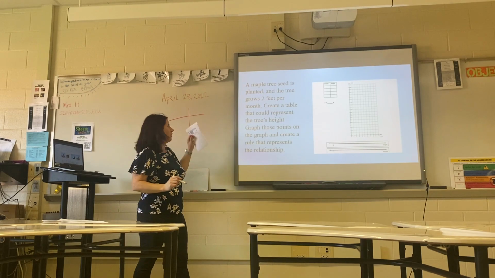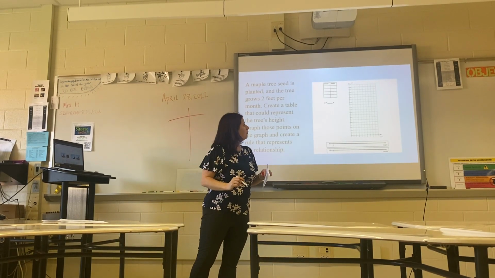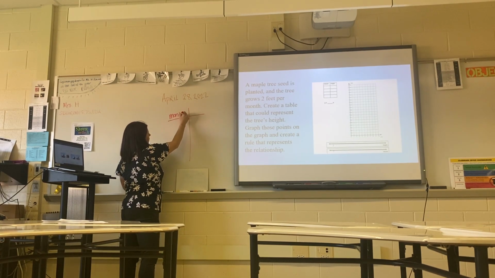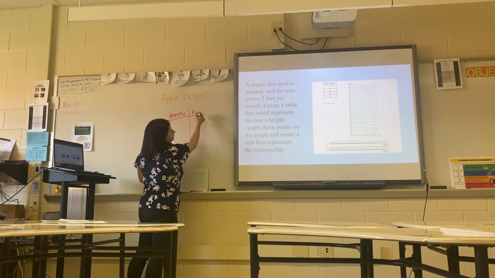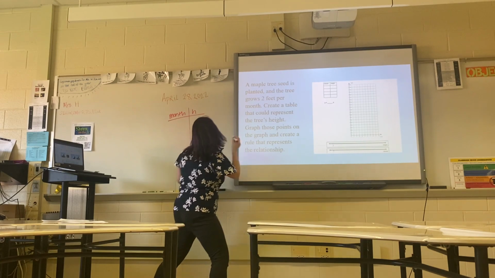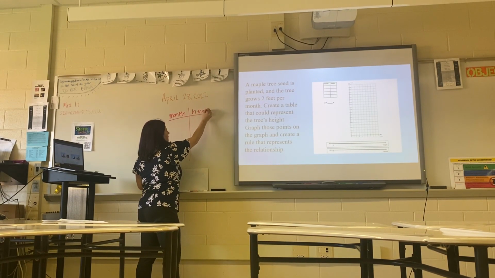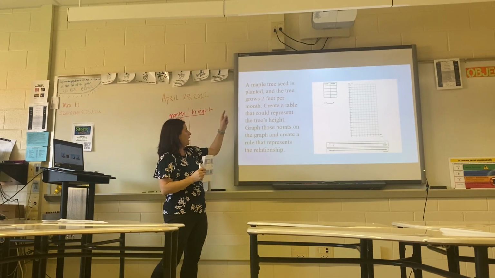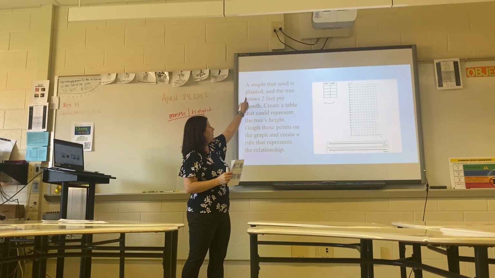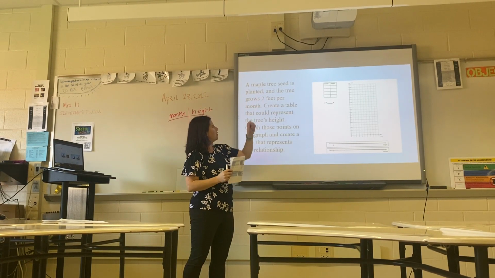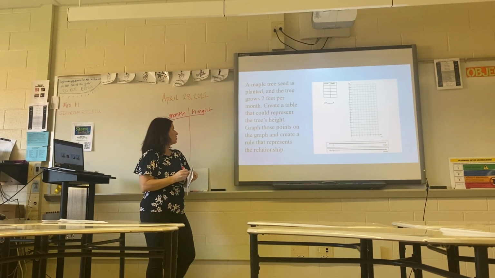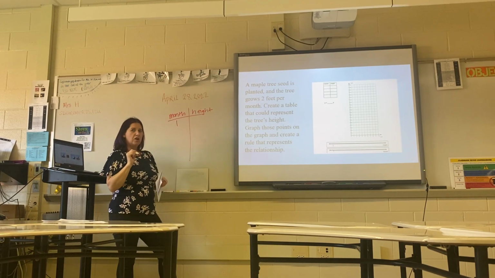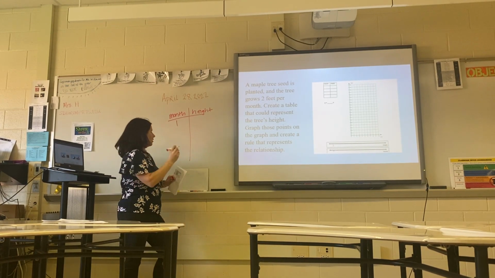And what do we have on one side? We have the month, and we have our height, right? So we know that a maple tree seed is planted and the tree grows 2 feet per month. So in 1 month, how many feet does it grow? Yes, it grows 2 feet.